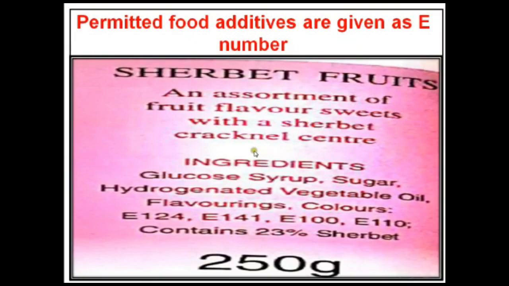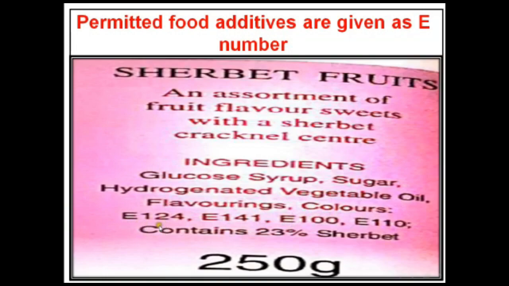Now we are well acquainted with sarbat fruits, where we are adding an assortment of fruit flavor sweets with sarbat cracknel center. The ingredients that we see are glucose syrup, sugar, hydrogenated vegetable oil, flavorings, and colors, and I told you about the E number.